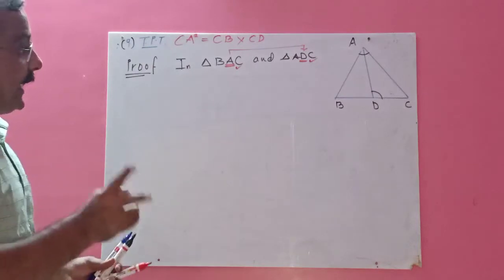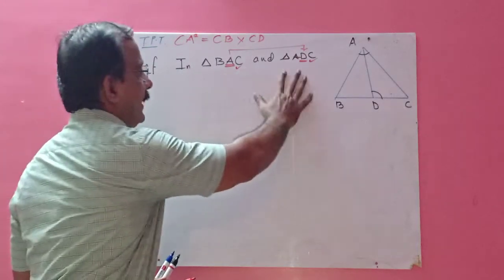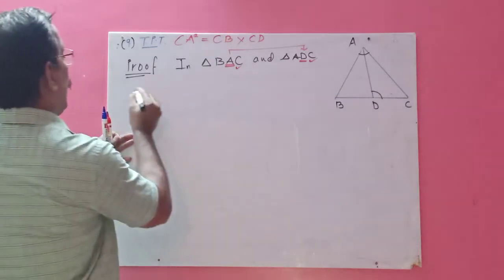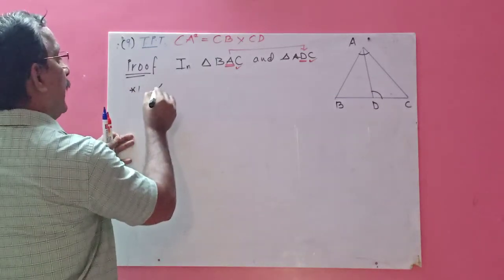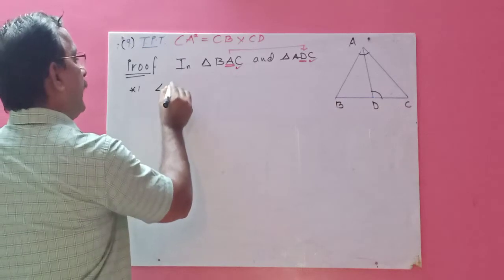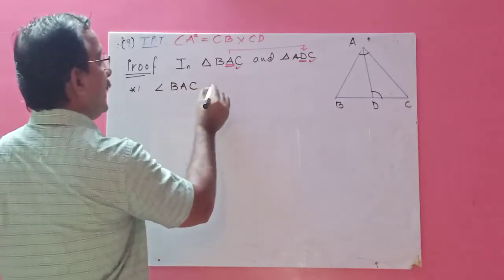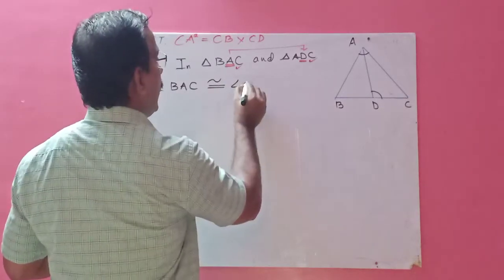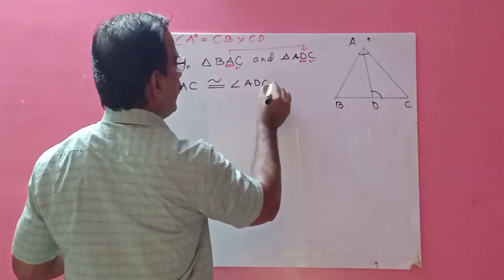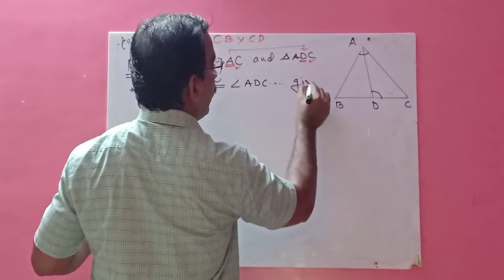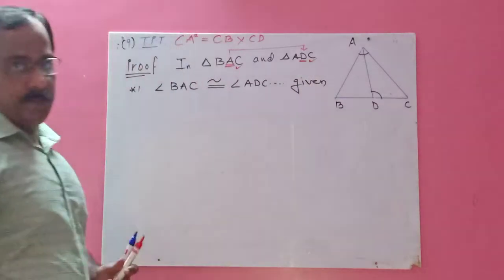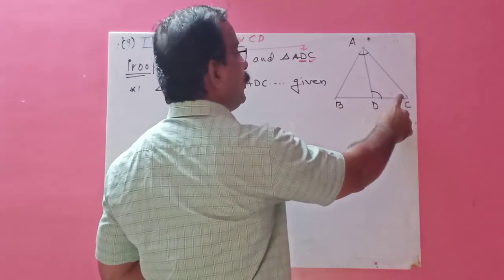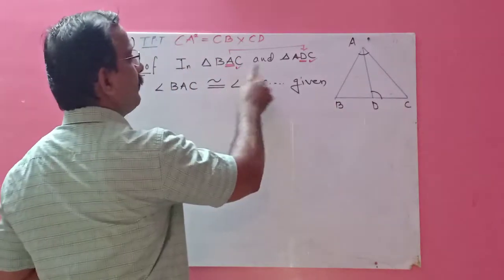So take the two triangles which I have already written, and prove them similar. In both the triangles, what is given? Point number 1, angle BAC is congruent to angle ADC. This is already given. Second, this C belongs to both the triangles.